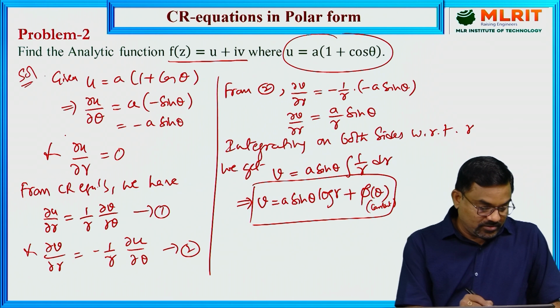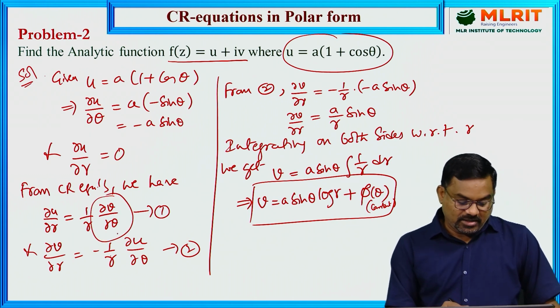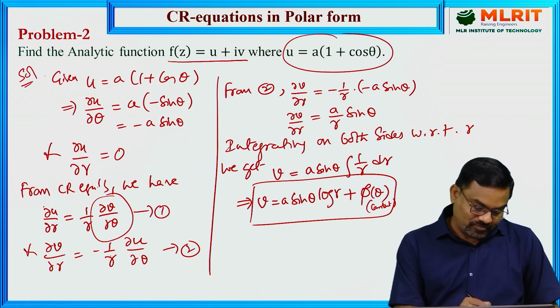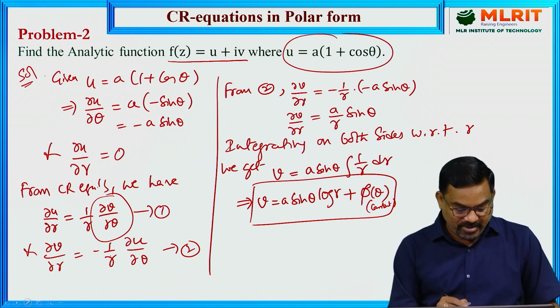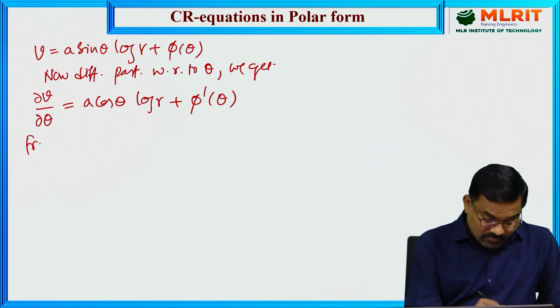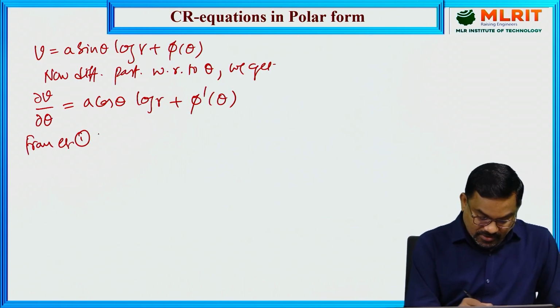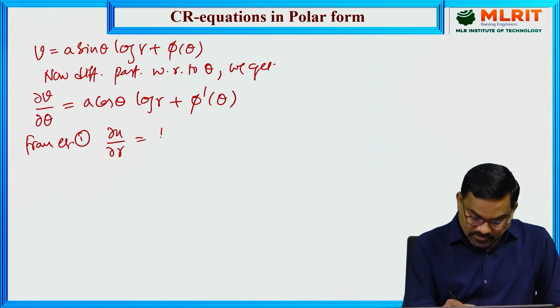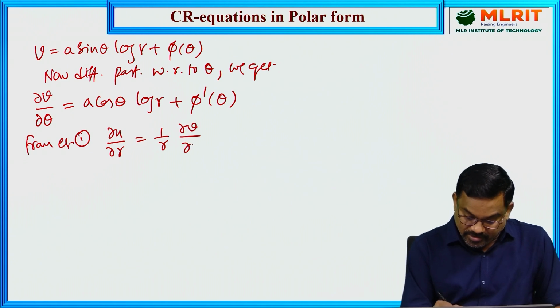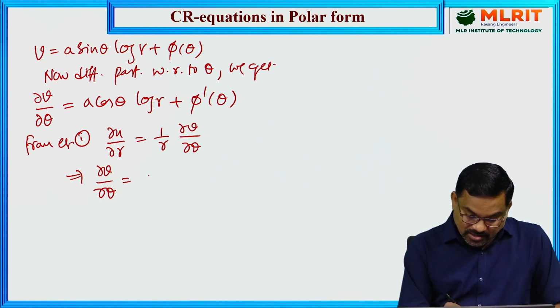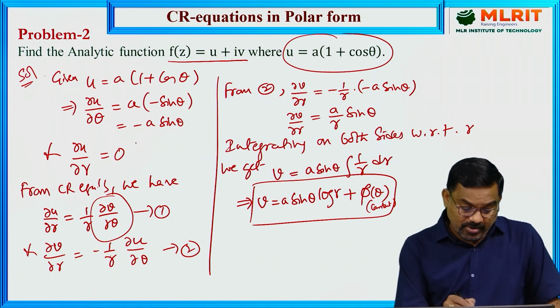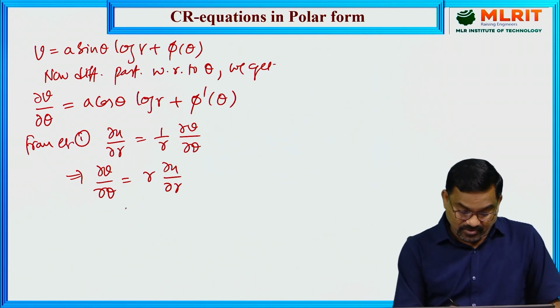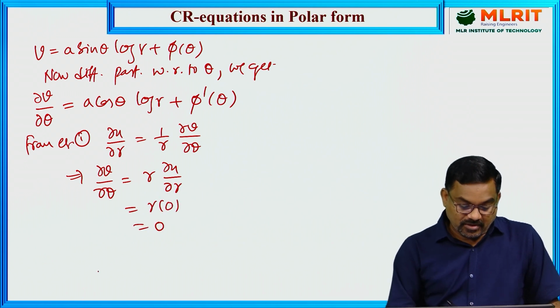But ∂v/∂θ can also be obtained in terms of ∂u/∂r. From equation 1, ∂u/∂r = (1/r) ∂v/∂θ. So from this, ∂v/∂θ = r ∂u/∂r. And what is the value of ∂u/∂r? 0. So this is equal to r into 0, which is 0.